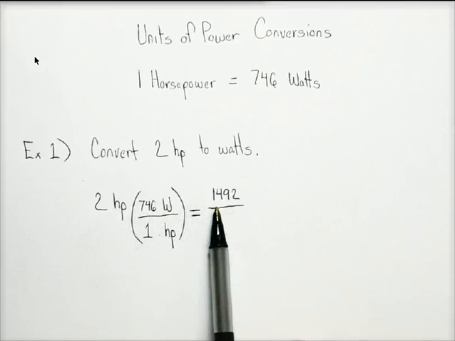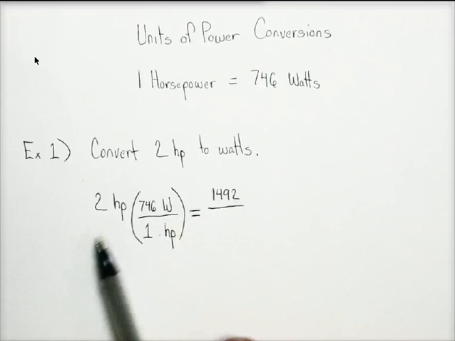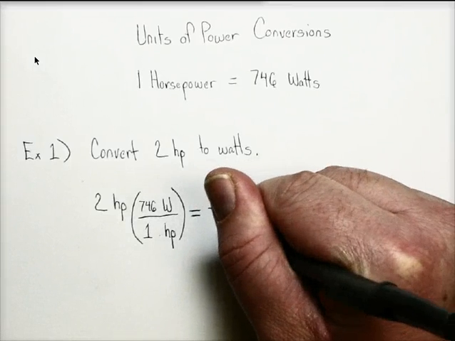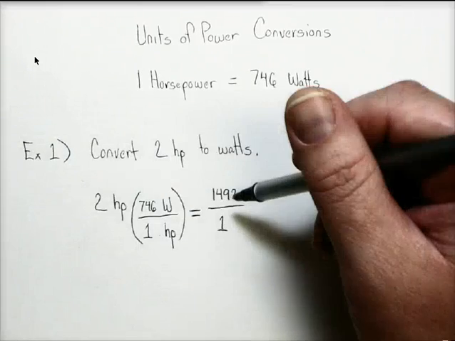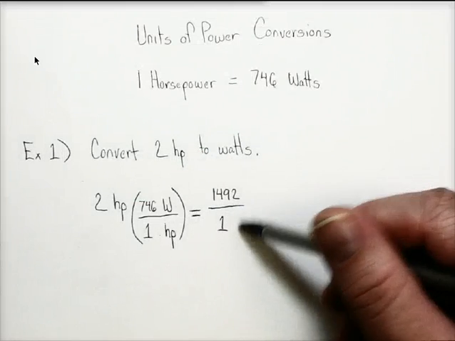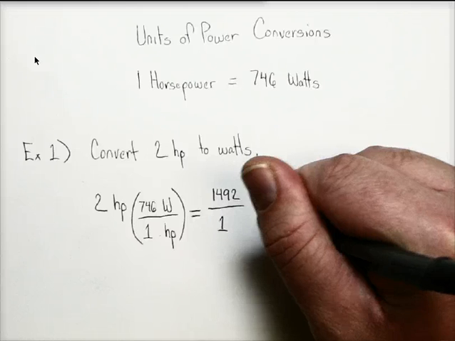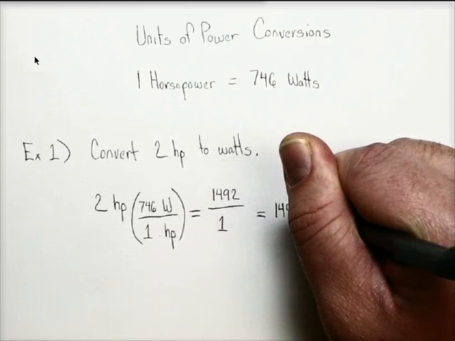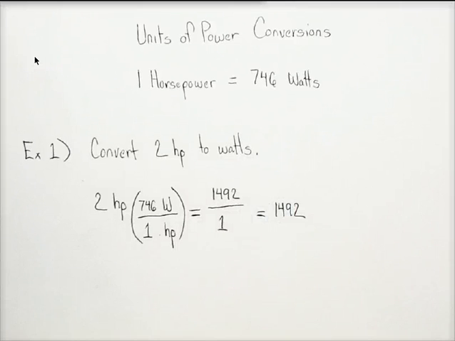So 2 times 746 is 1492. Now I take all the numbers on the bottom and multiply them together, except there's just 1. So I'd multiply across the top, write that answer here, multiply across the bottom, write that answer here, and now I can just divide them, and 1492 divided by 1 is, well, 1492.